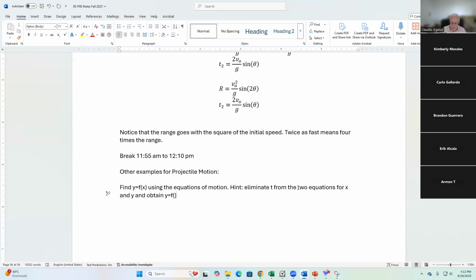That's one possible example. Another possible example, find the maximum height of the projectile using the equations of motion.